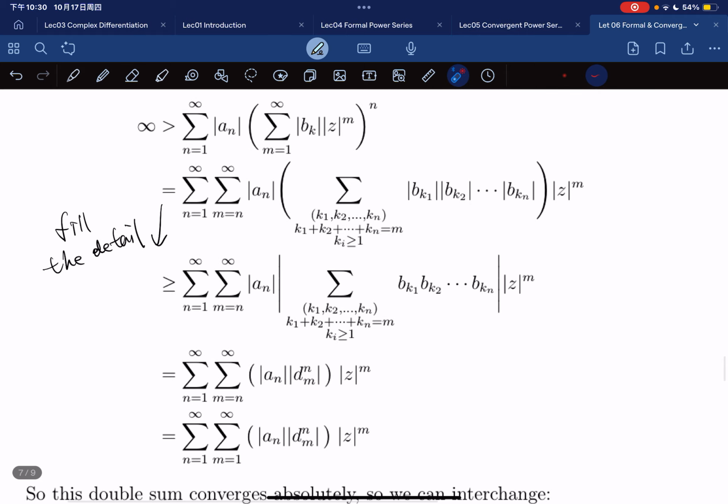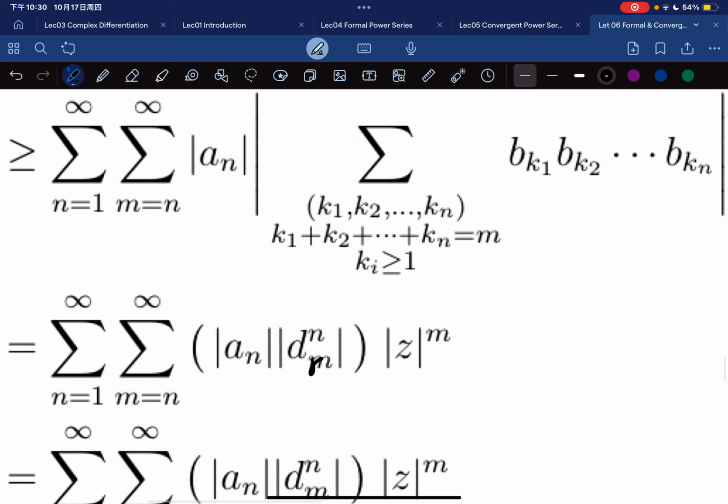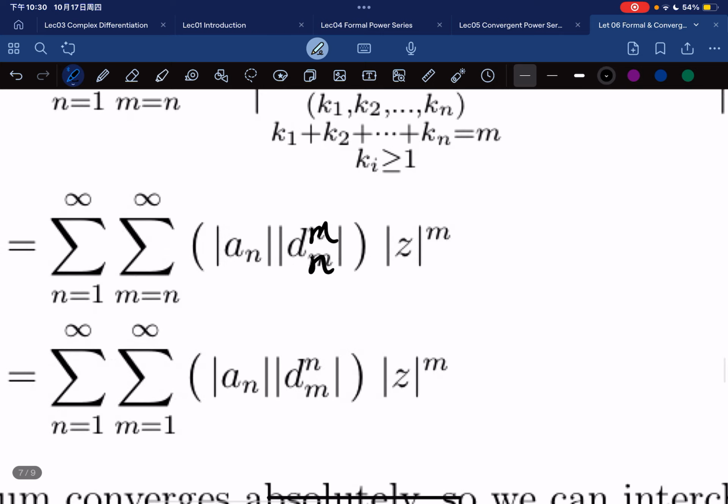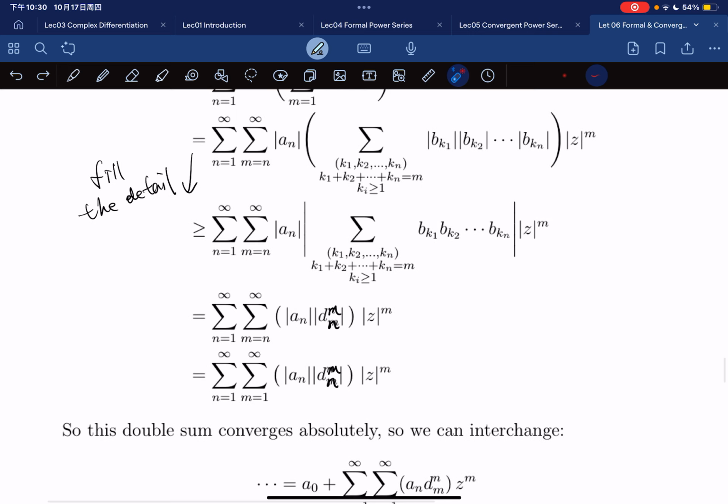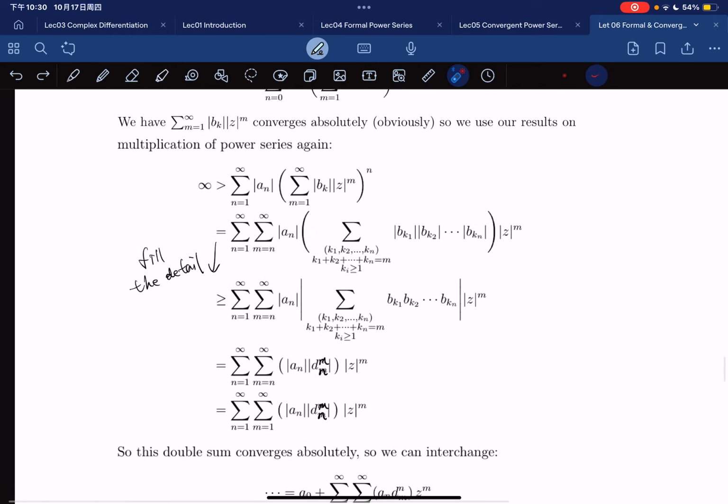And this thing turns out to be the absolute value of d and m, right? Absolute value of d and m, because they're n numbers and they add up to m, okay? So from here, n starts from m to infinity, but we can start from 1, it doesn't matter, right?